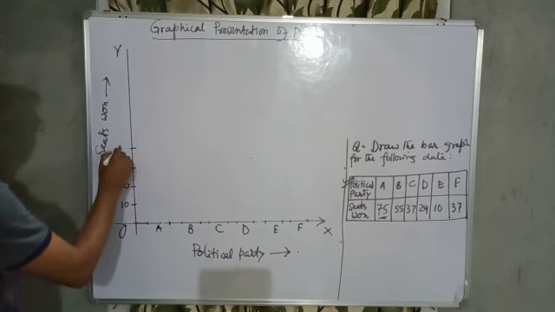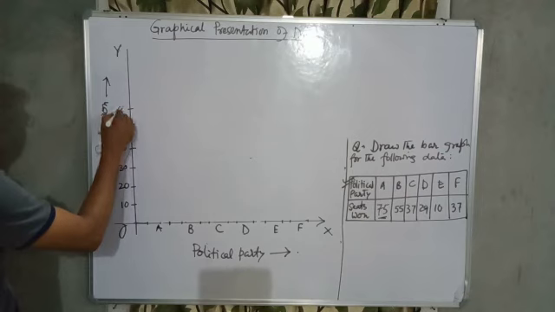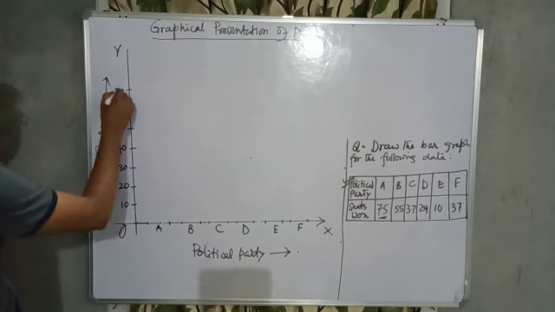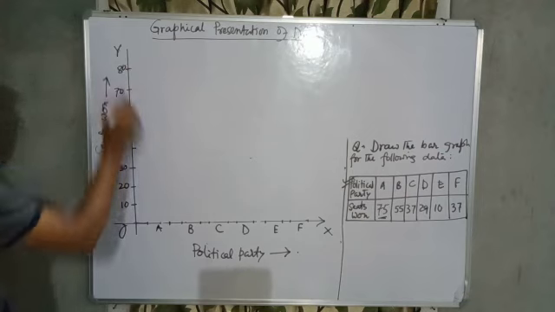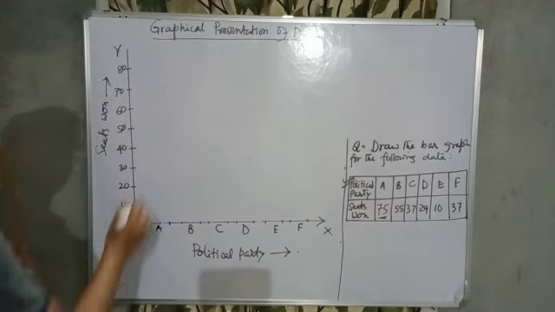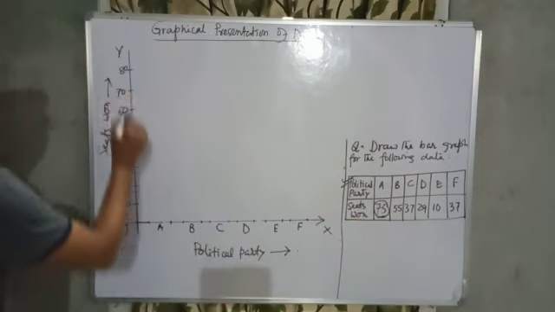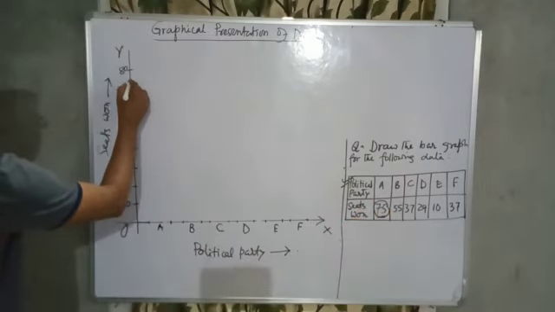This is 40, 50, 60, 70, then 80. For political party A, how many seats are there? 75. So we take 75, between 70 and 80.